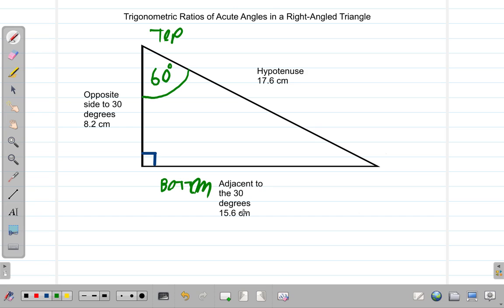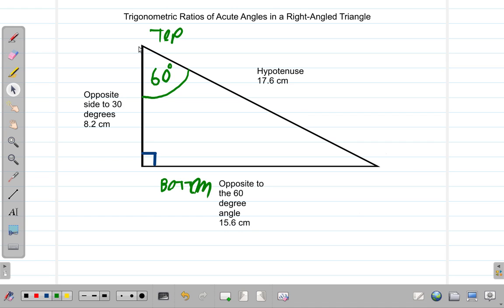This now becomes the opposite to the 60 degrees. Alright, so let's make changes. This side is opposite to the 60 degree angle. And remember, we measured it to be 15.6.